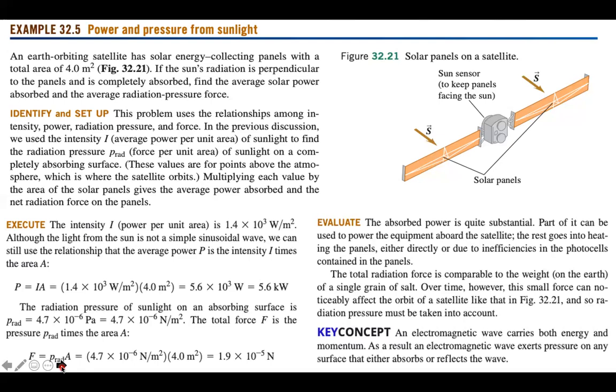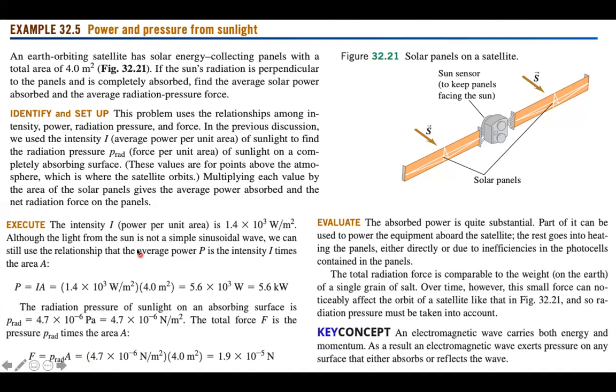So the actual intensity is the intensity of the sun above the atmosphere, okay? And it says here, if the sun's radiation perpendicular to the panel is completely absorbed, find the average solar power absorbed and the average radiation pressure force, okay?